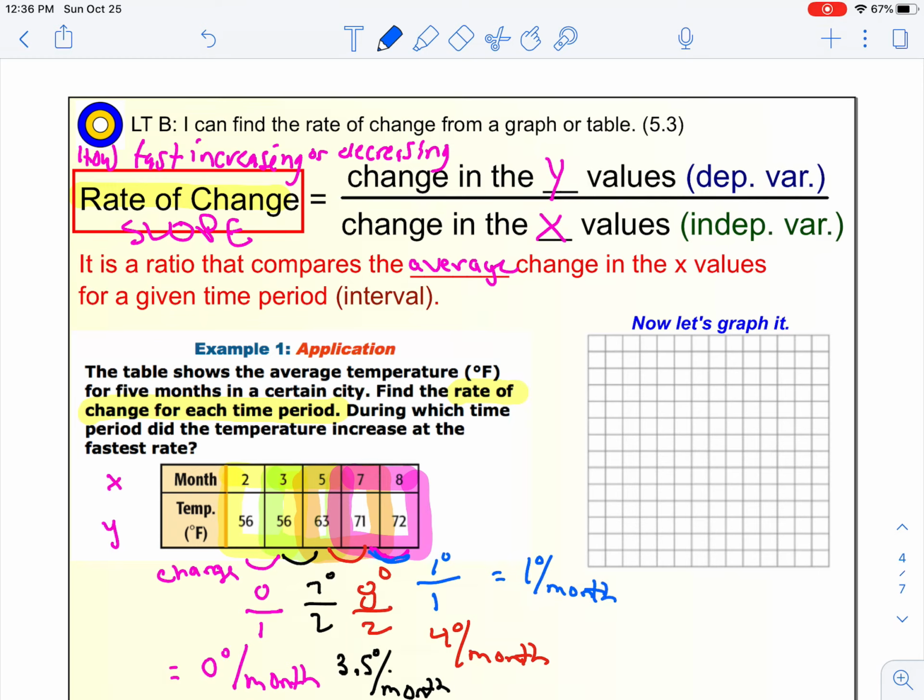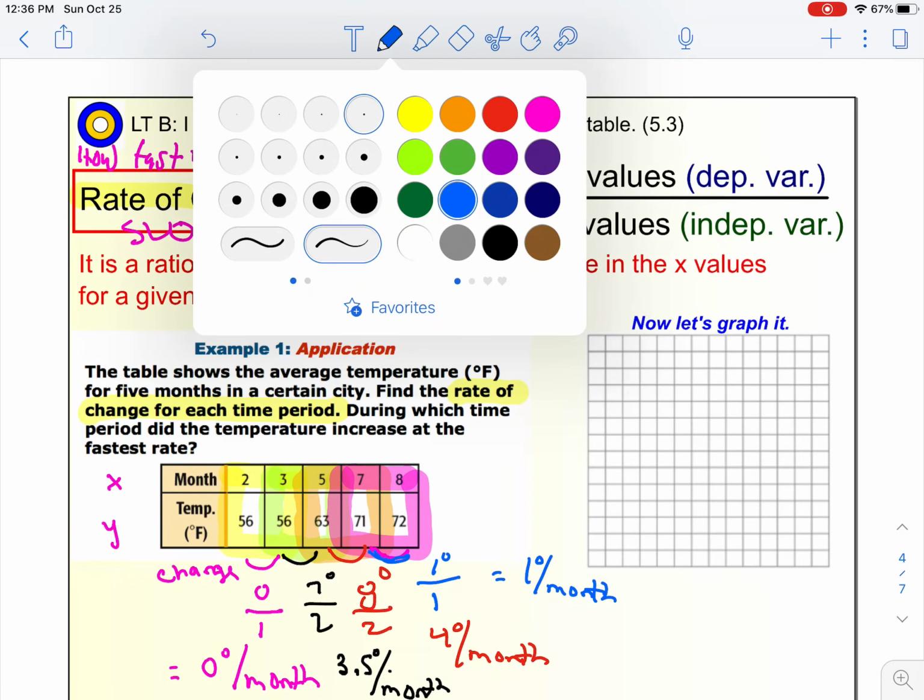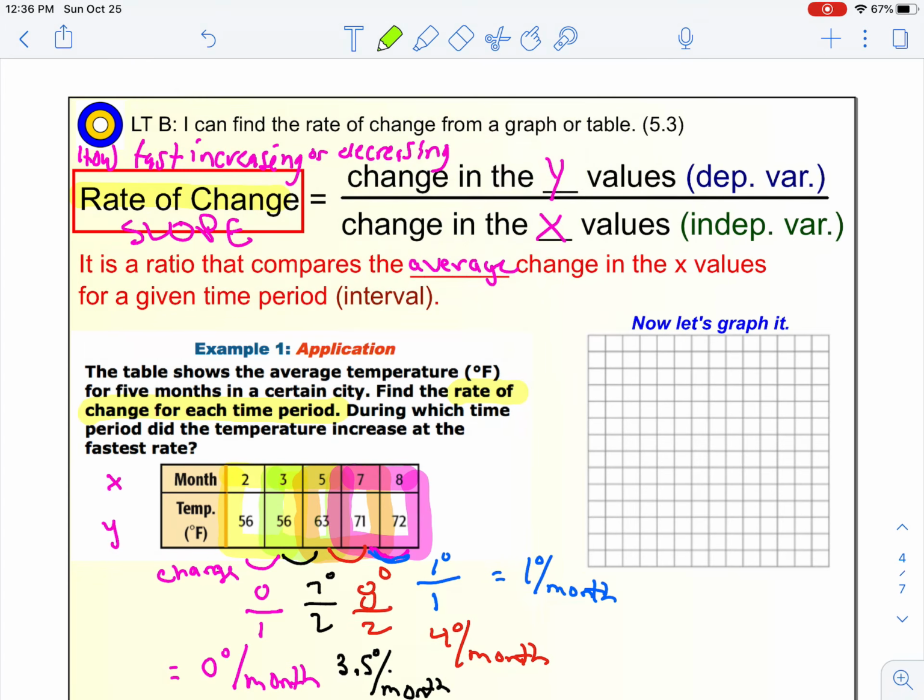So what is the greatest? Okay, the greatest increase, that's what we want to try to find. We want to find during which time period did the temperature increase at the fastest rate. So during which time period did the temperature increase at the fastest rate?